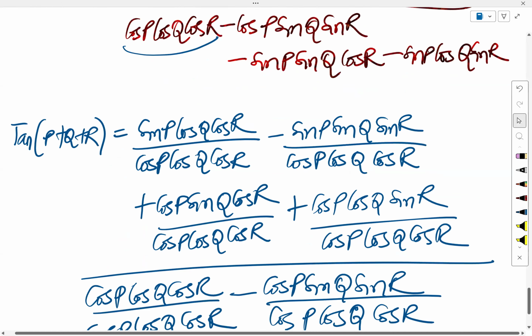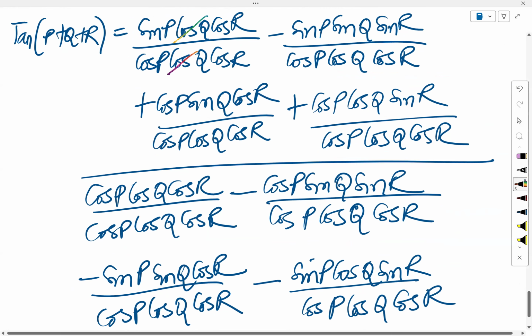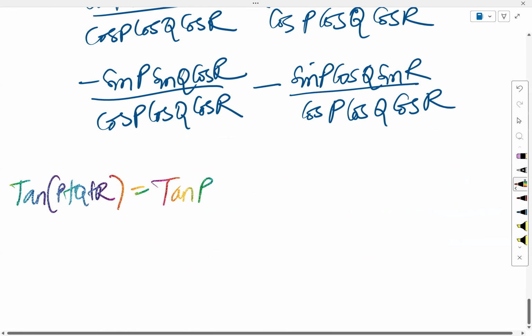Okay, let me change markers here. So now we have tan of P plus Q plus R, and now everything is going to be in terms of tan. So let's see how that works. Here you have cos Q canceling, cos R canceling, so we have sine over cos, that is tan P already.